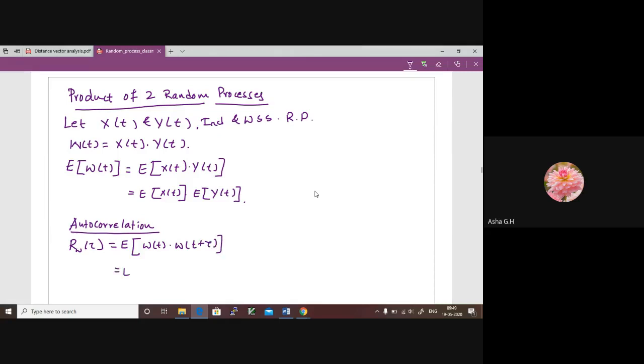You can just substitute the equation for W of t, where W of t is equal to x of t into y of t. This is one part. And again, what we have is x of t plus tau into y of t plus tau. So this is another part.